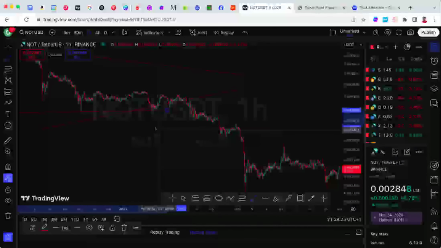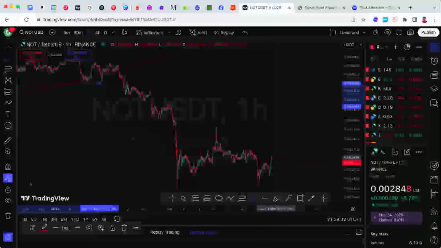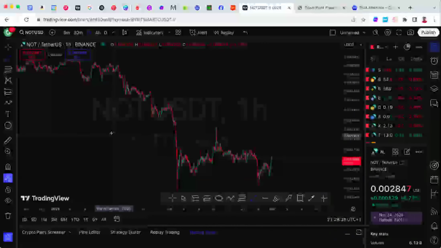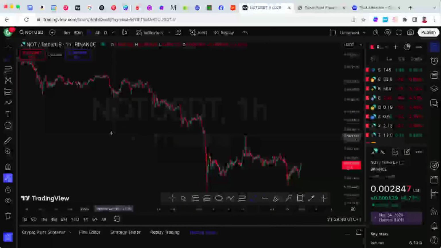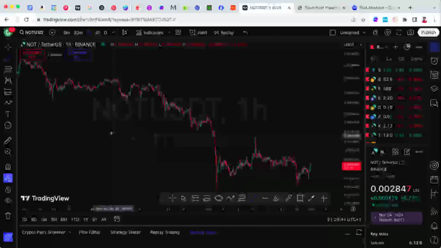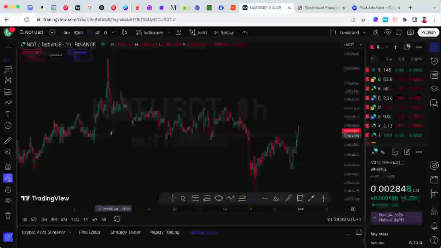So Notcoin is good to look for buy on, right? So we want to look for a buy opportunity on Notcoin.